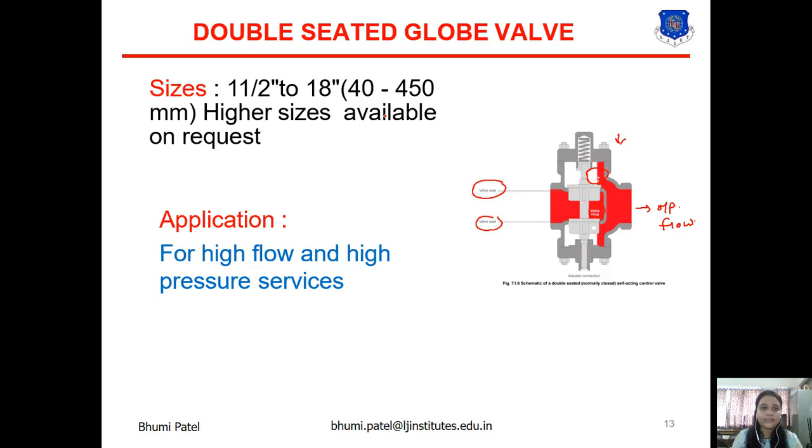Now, the application is for high flow and high pressure service. In the single seated valve, we use only one plug and one seat in the control valve, so it is not useful for high flow and high pressure service. This is the advantage of the double seated valve: it is used for high flow and high pressure service.